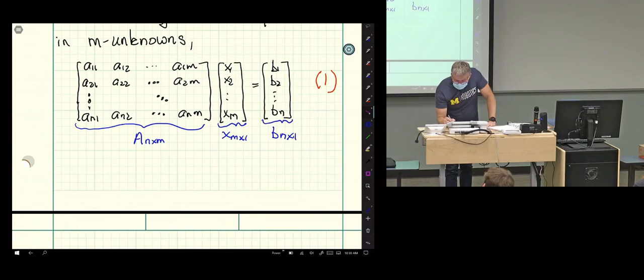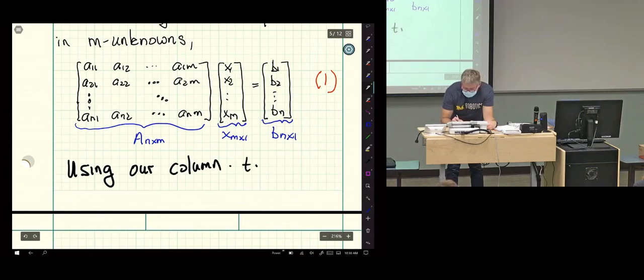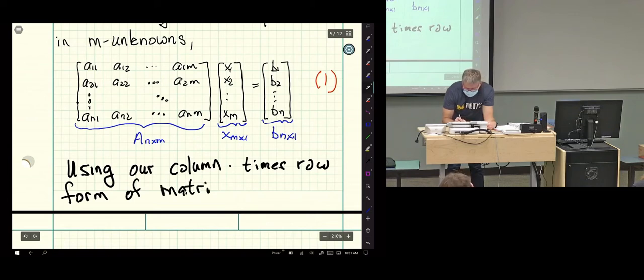Okay, so now, what do we get if we do our column times row form of matrix multiplication?